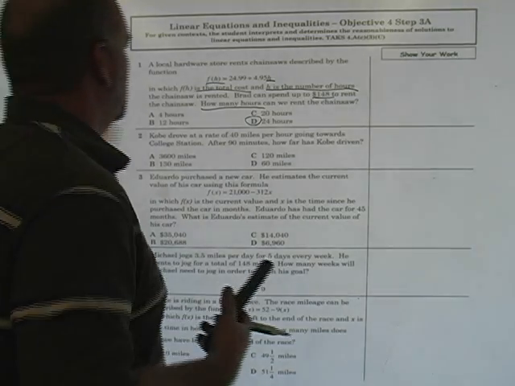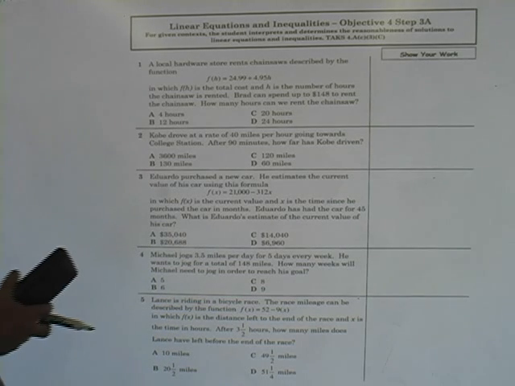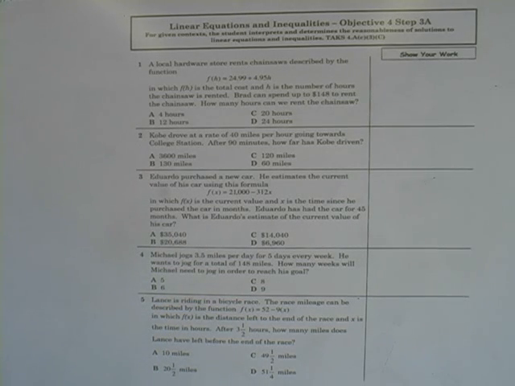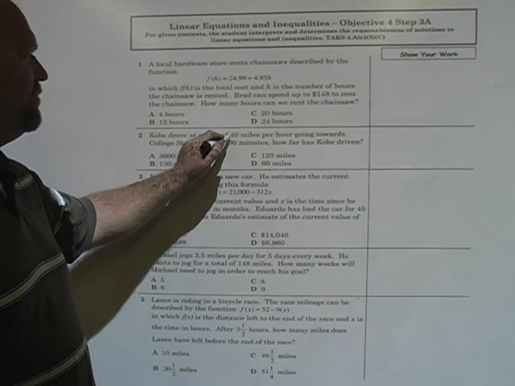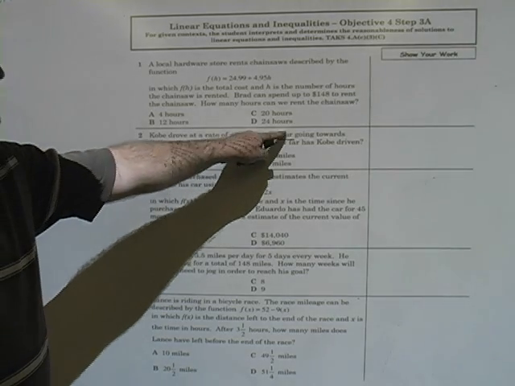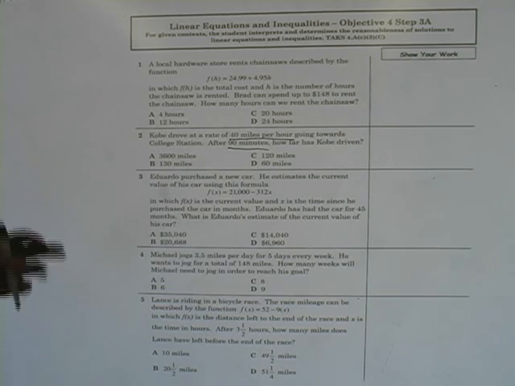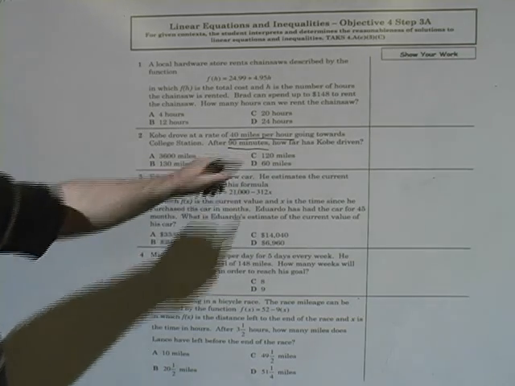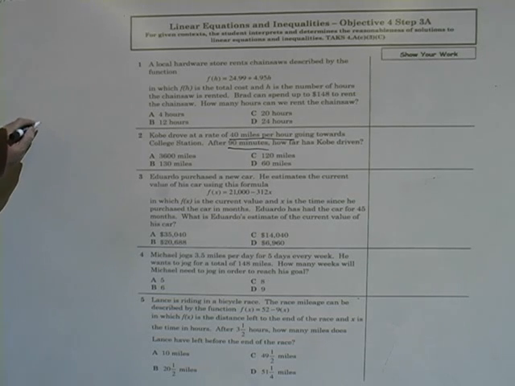Number 2. Kobe drove at a rate of 40 miles per hour going towards College Station. After 90 minutes, how far has Kobe driven? One thing you gotta realize here, 40 miles per hour for 90 minutes. These units are not the same. Hours and minutes, so we need to change minutes to hours.